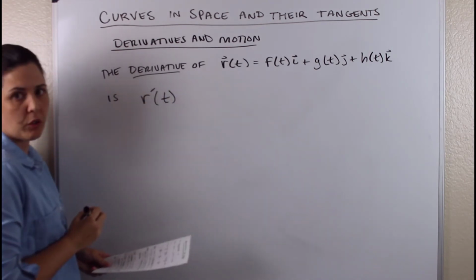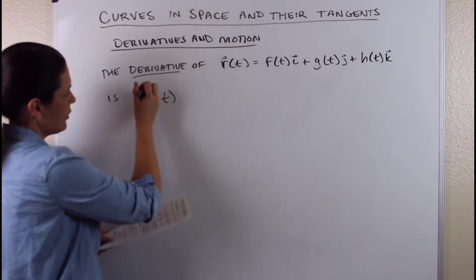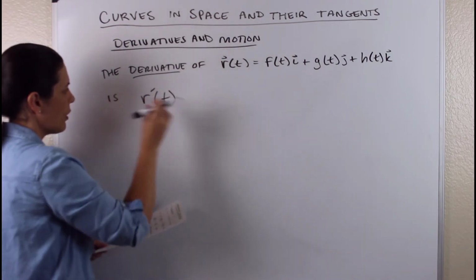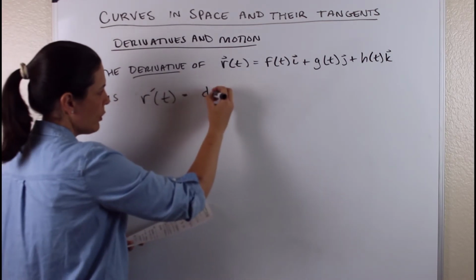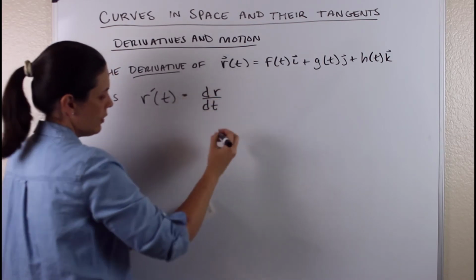I'm going to leave off the vector notation because it's going to start looking convoluted, but feel free to put it on there if you want. You can write it with the prime notation, or you can say the derivative of r with respect to t.